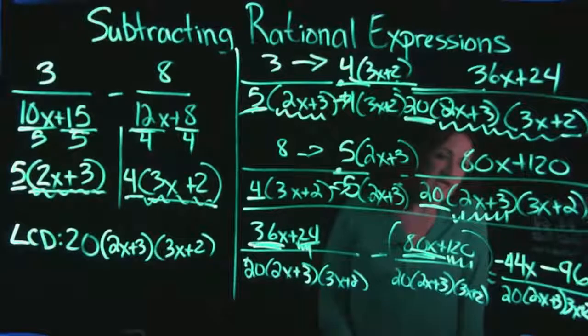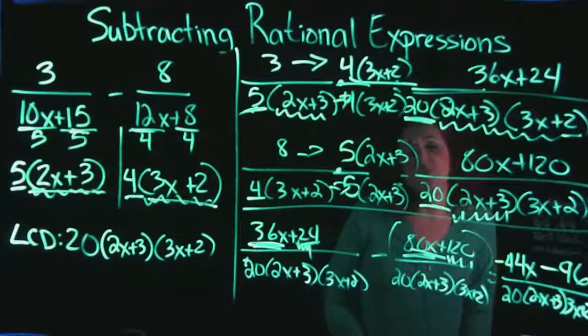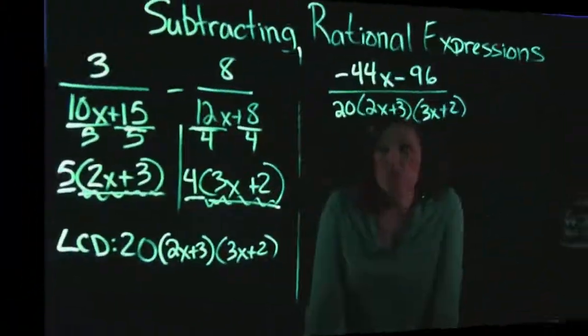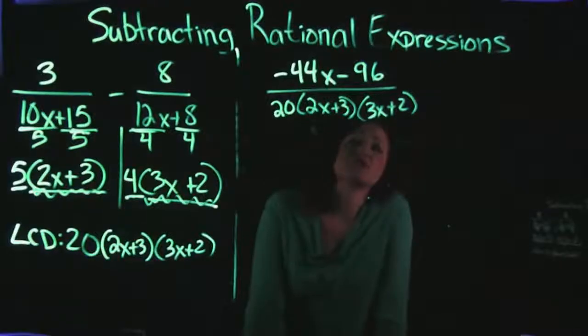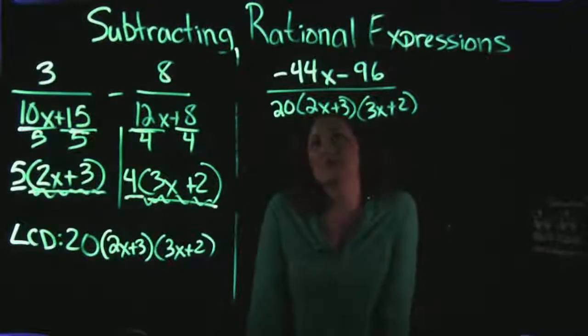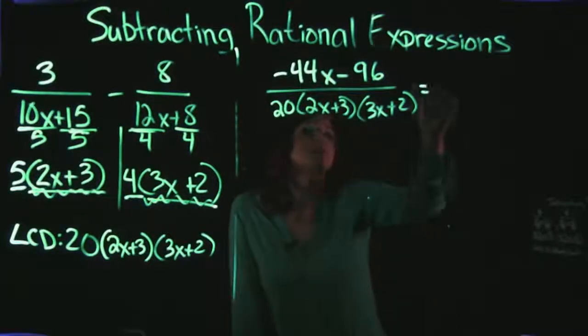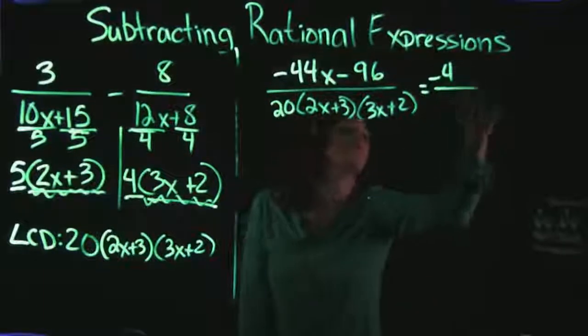At this point, our fourth and final step is going to be to see if we can simplify. Let me make a little bit of room here on the board before we get to that part. Simplifying rational expressions involves seeing if anything in our numerator can be factored and canceled out with anything in our denominator. Our numerator has a negative 4 in common.